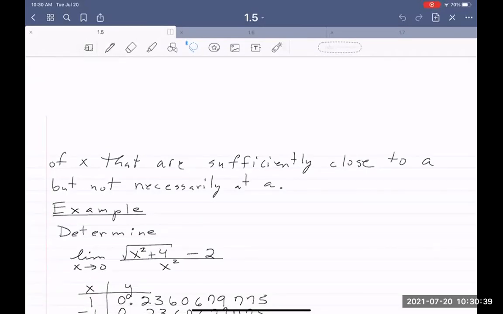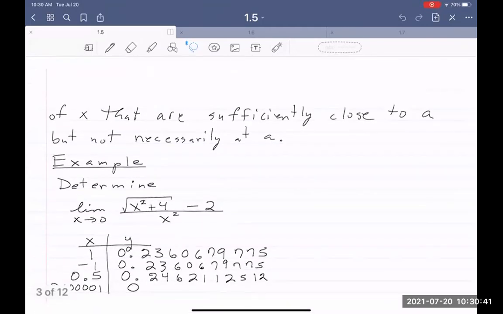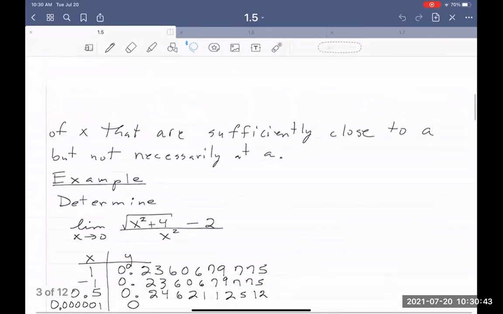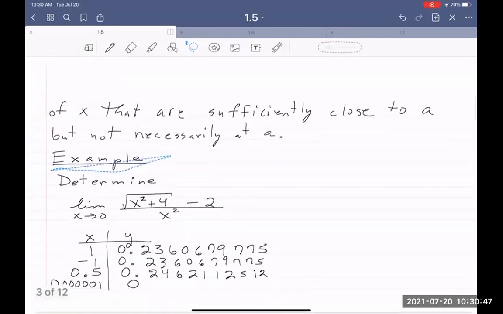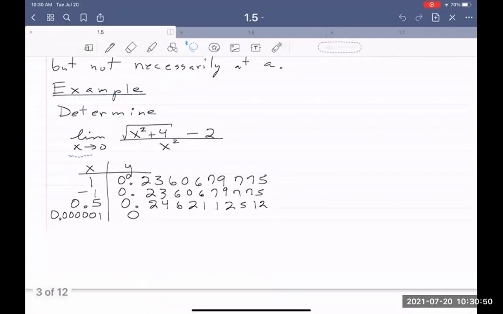So let's do an example. Now I want to determine the limit as x approaches 0 of the square root of x squared plus 4, minus 2, over x squared.